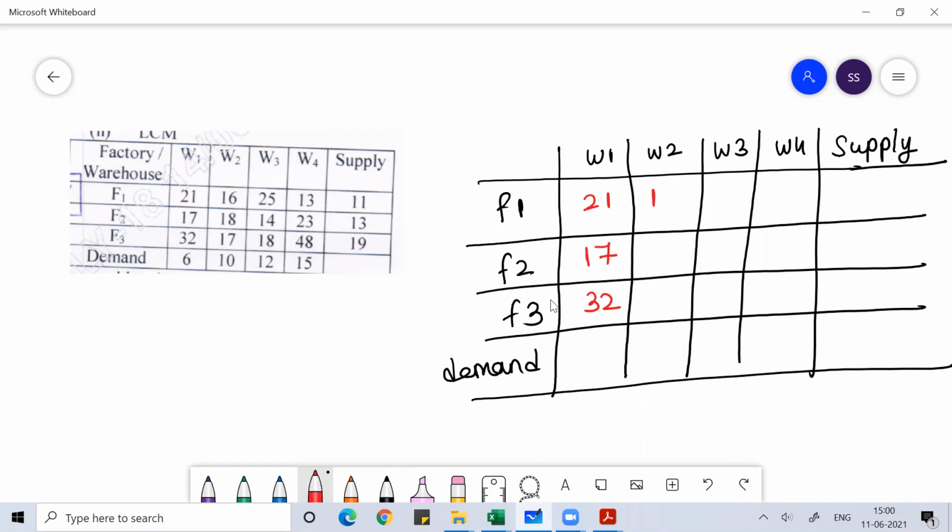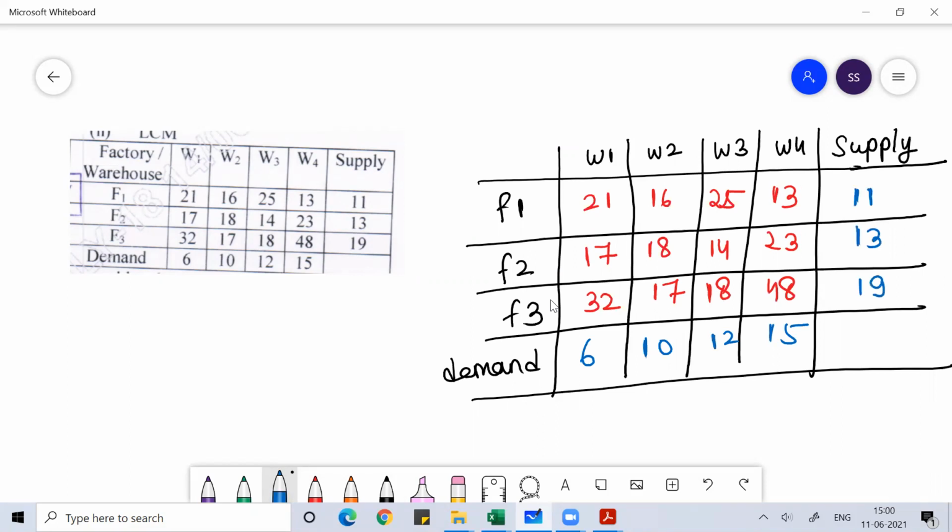Then 16, 18, 17, 25, 14, 18, 13, 23, 48. This is 6, 10, 12, 15, 11, 13, 19. The total sum of supply should be equal to the total sum of demand. So this total sum should be equal to 43.